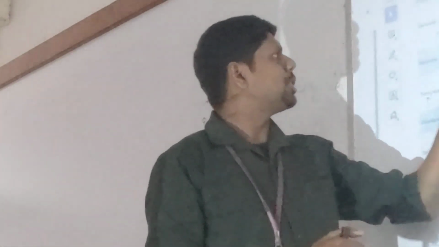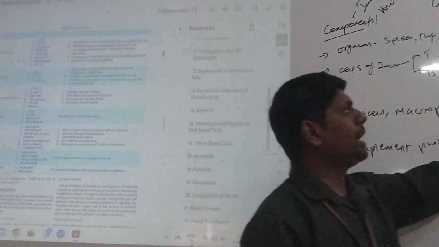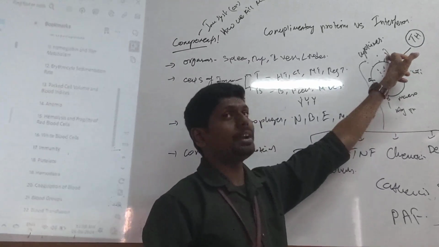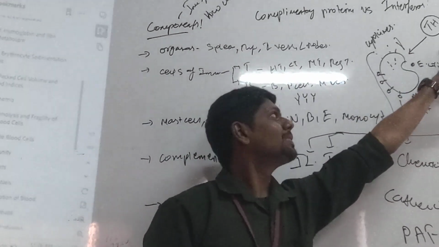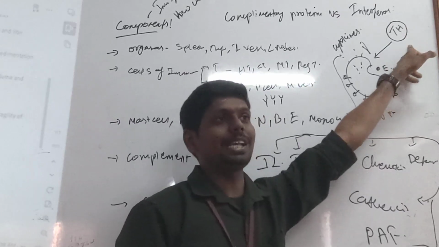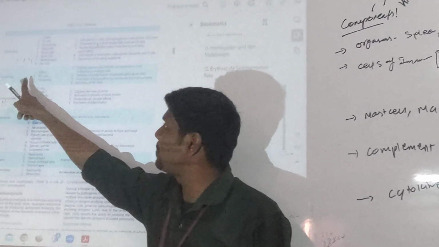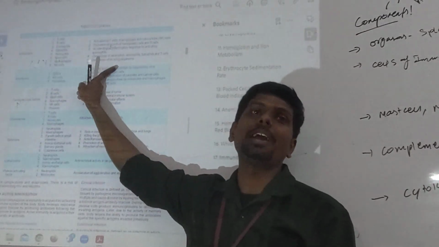So what is the use of interleukins? I will give you a simple example here. A macrophage used interferon to call a leukocyte, that is a helper T cell. So now we understood interferons are utilized by macrophages to call other white blood cells.